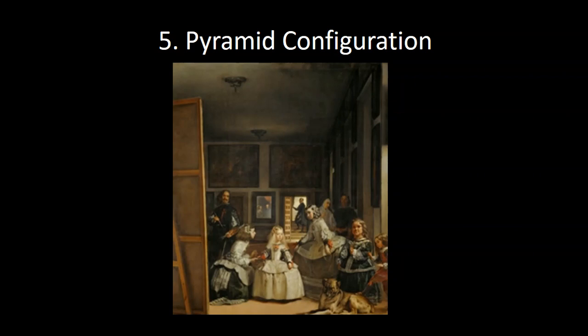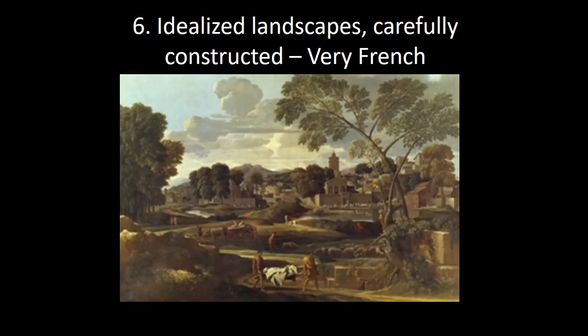Question number 6. Which of the following is a characteristic of Landscape with the Burial of Phocion by French Baroque artist Nicolas Poussin? Well, what we have here that's very French is these idealized landscapes.